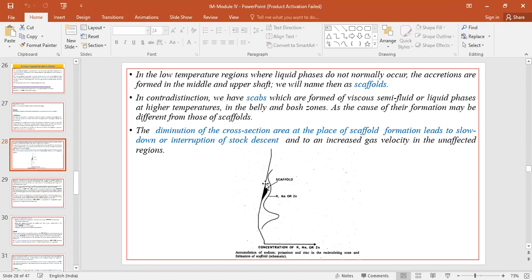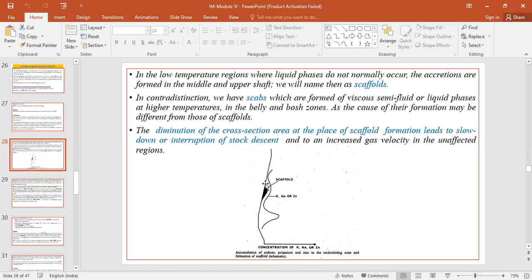formation of a high volume of alkali vapors inside the blast furnace. So from the burden, some of the alkali content will enter the blast furnace along with the raw material.